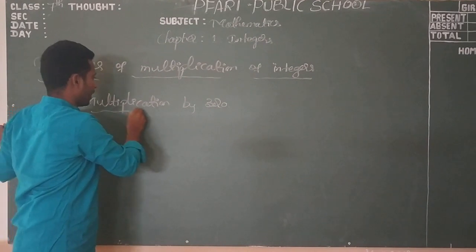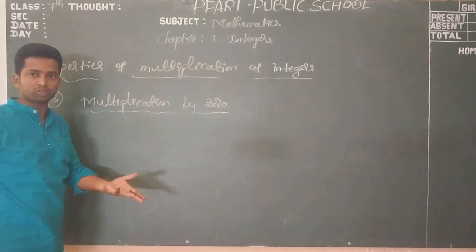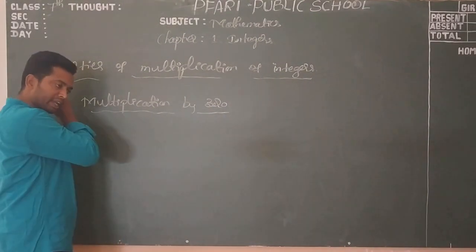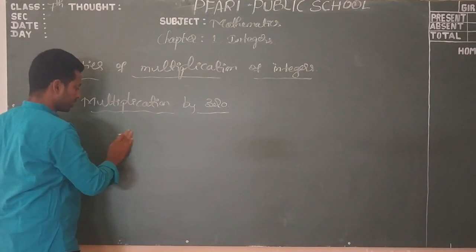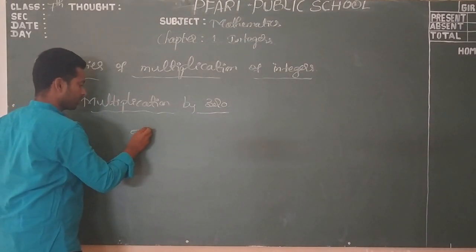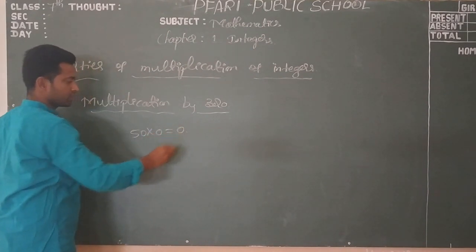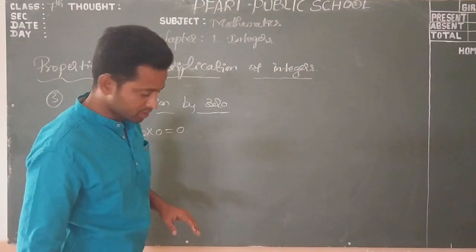If you multiply any integer by zero, again it gives zero. Now I am taking the integer 50. Then you multiply this by 0, and you get 0. So this is multiplication by 0.